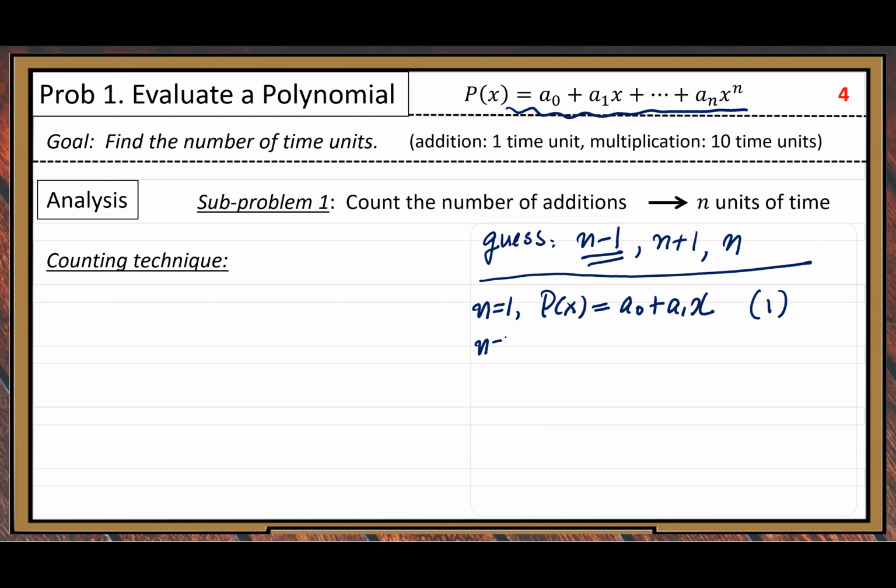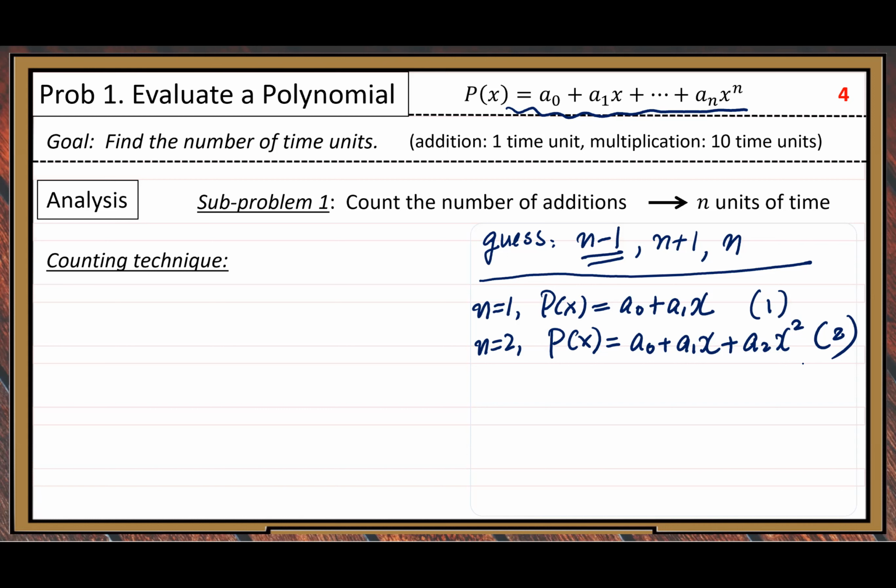All right, let's do another one. n equals 2. P of x equals a0 plus a1x plus a2x squared. How many additions? 2. It's enough, right? Can you go back to check your guess?